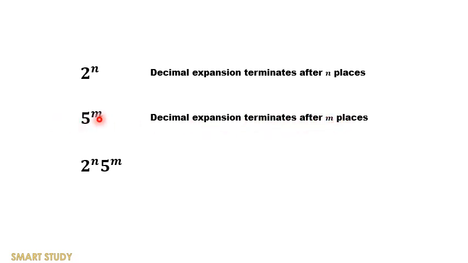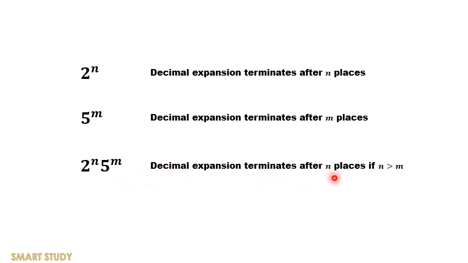If m equals 2, 3, 4, whatever, then it terminates after those m places. Suppose it has both 2 raised to n and 5 raised to m, then the decimal expansion terminates after n places if n is greater than m. If n equals 3 and m equals 4, then it terminates after m places. Suppose n is greater, then it terminates after n places.